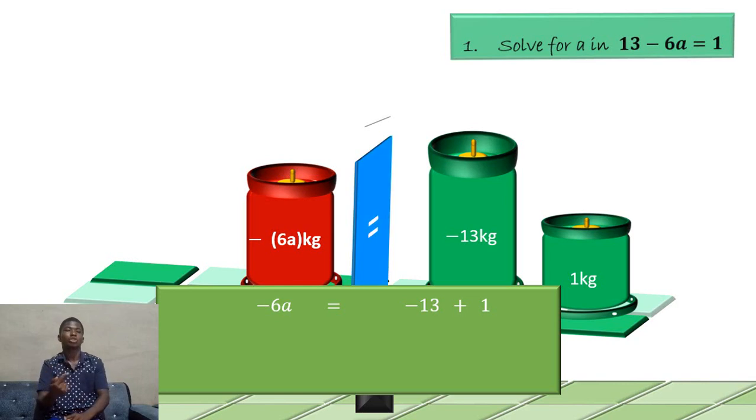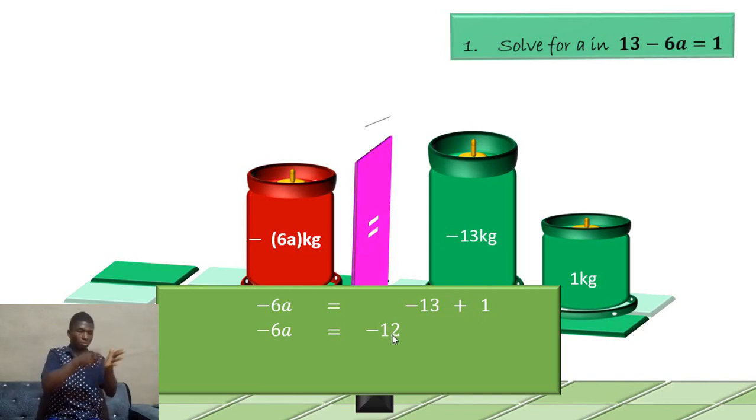I believe you can all see what I did. So here I'm having minus 6a equal to, now if I simplify this, I'll be having minus 12. Okay, you have a debt of 13 naira, you want to pay 1 naira out of it, so you are still owing 12 naira. So this is the debt.